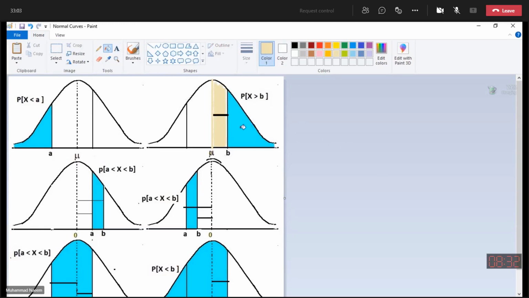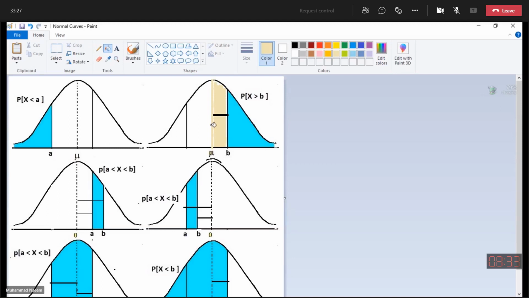But we need this area, this green shaded area, as the total area under the curve is 1, because this curve is a probability function, and total probability is 1. In other words, the total area is 1.